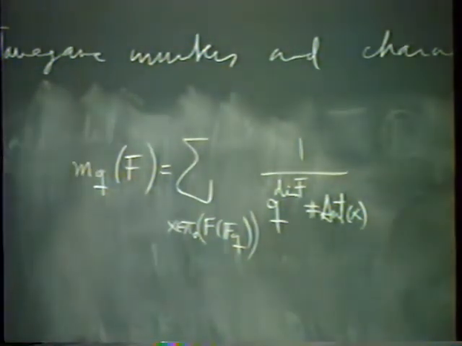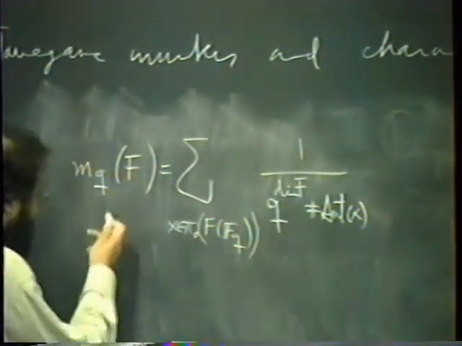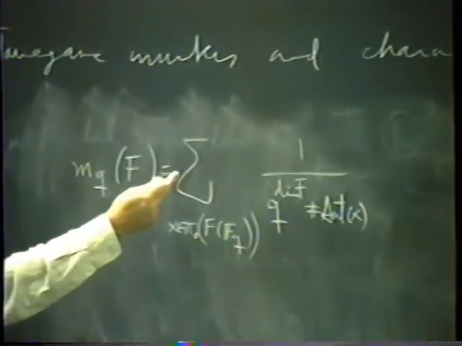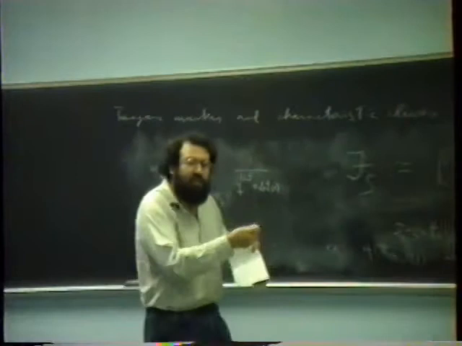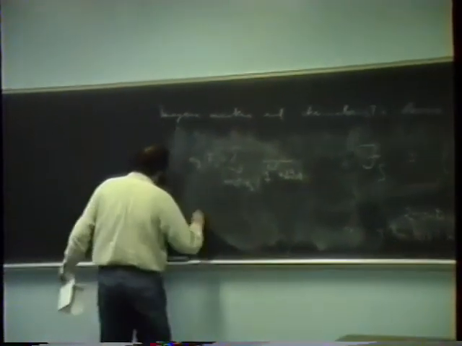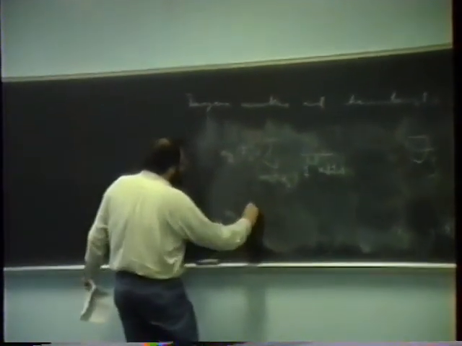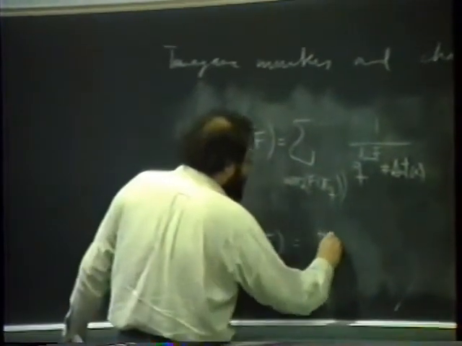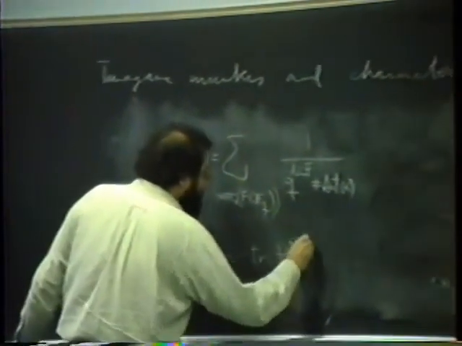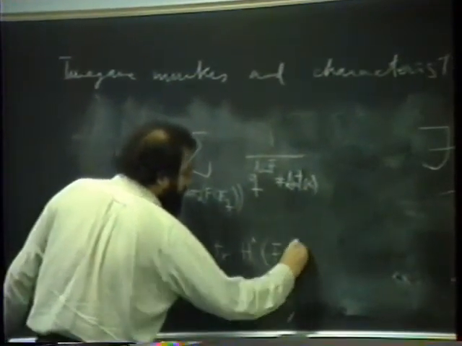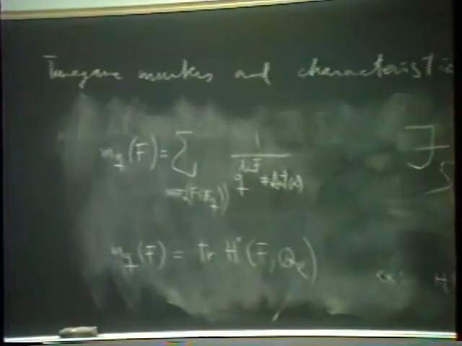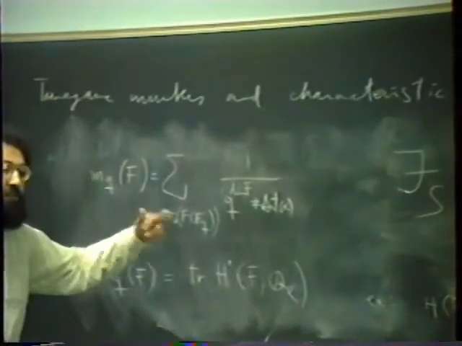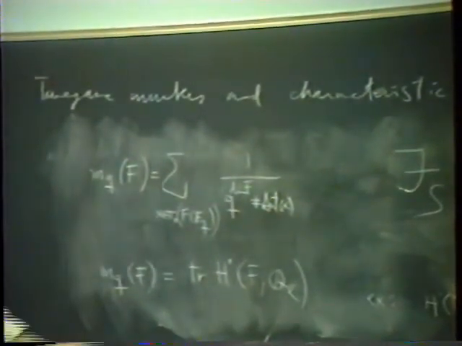Right. So the analog of what I said before, of the number of points being given by the trace, in this case becomes that m_q of F is equal to the trace of the cohomology algebra of F over Q_l, where the trace is with respect to this arithmetic Frobenius. Now that's something that one should prove.